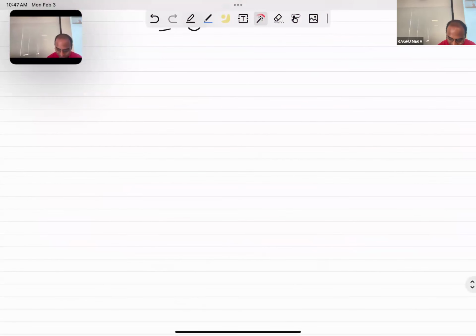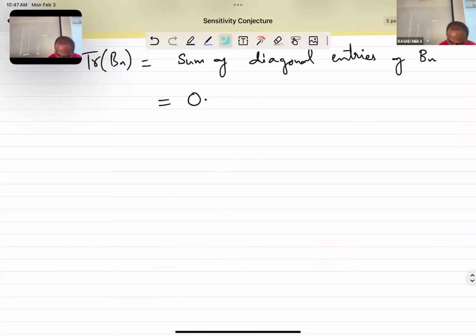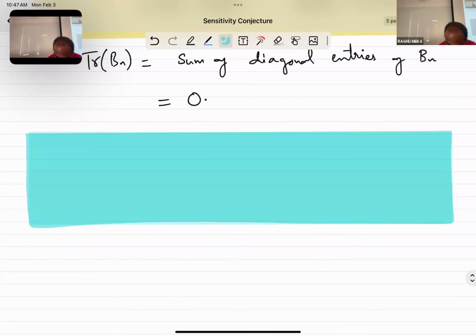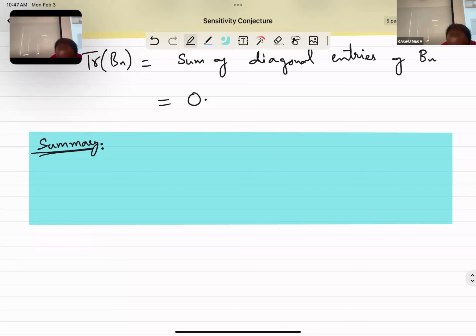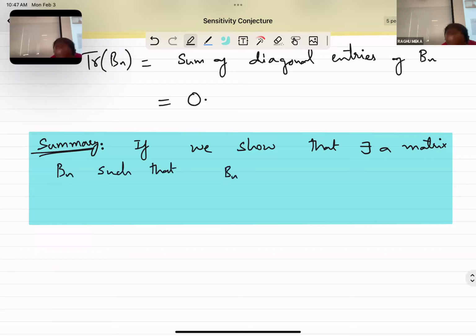All right. So to summarize, if we show that there exists a signed adjacency matrix Bn such that Bn squared is n times identity, we are done.